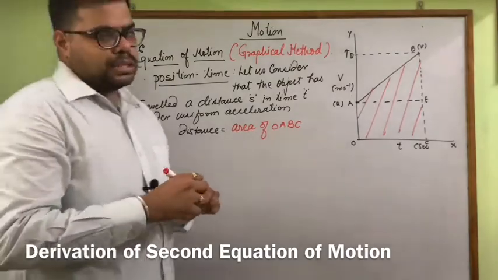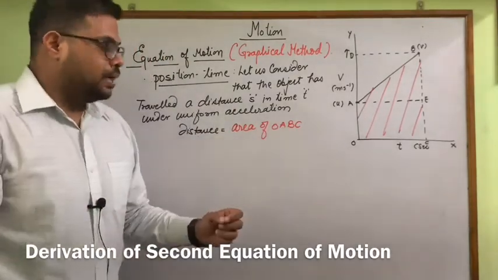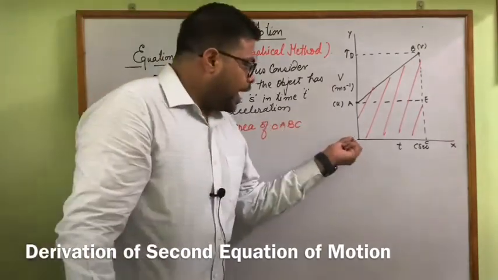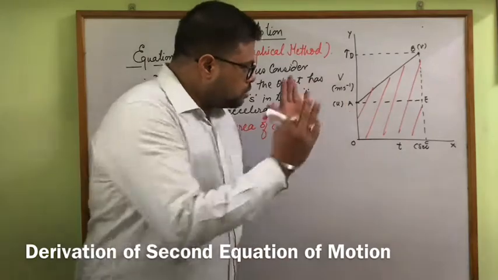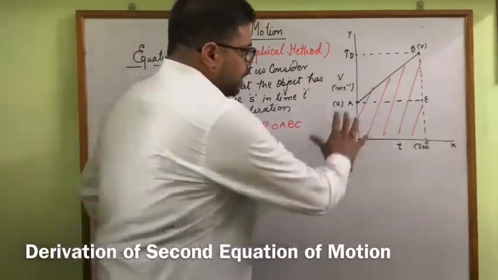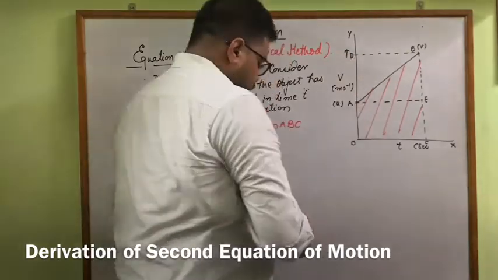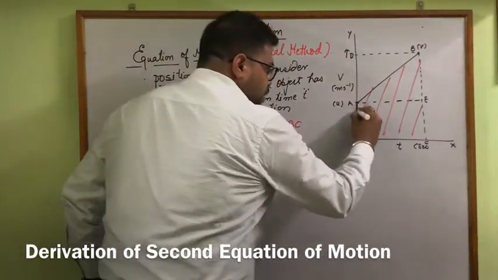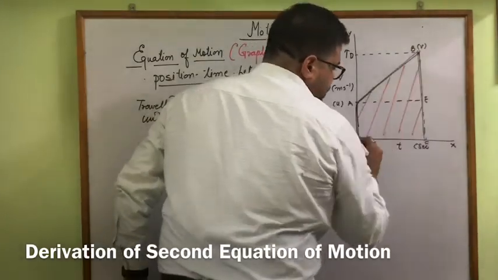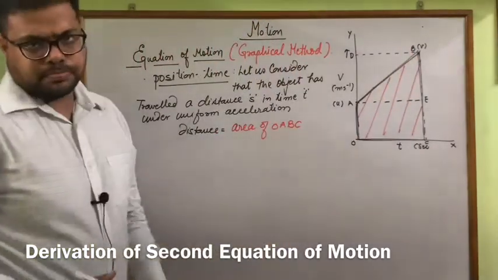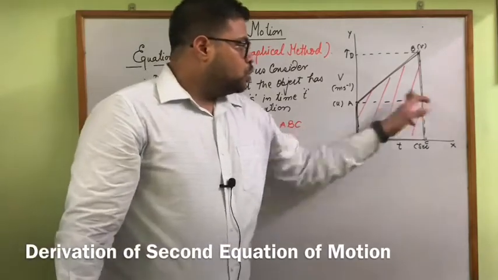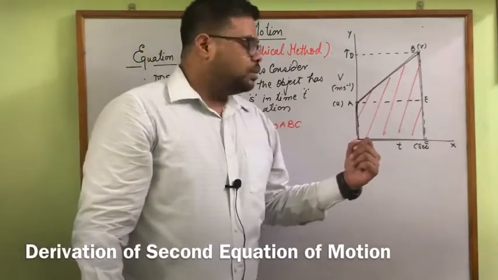Here there are two methods to find the area, and both are important. First, when we consider the particular curve OABC, just forget about all these things, it looks like a trapezium. What is the definition of a trapezium in mathematics? A figure of four sides whose two opposite sides are parallel.